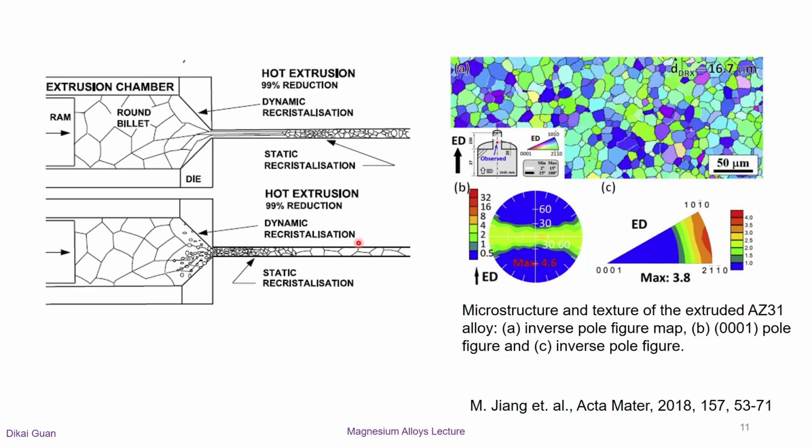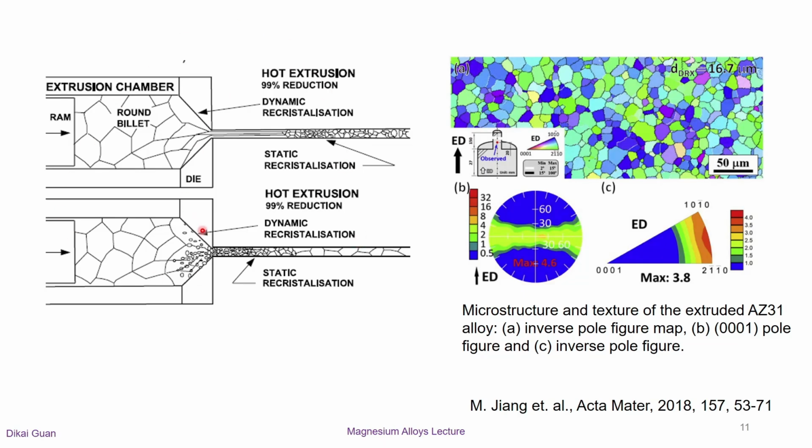Under hot working conditions, all forms of softening process occur, named static recovery and recrystallization, and dynamic recovery and recrystallization. Some possible combinations of dynamic and static softening processes during hot working are shown in the left image.